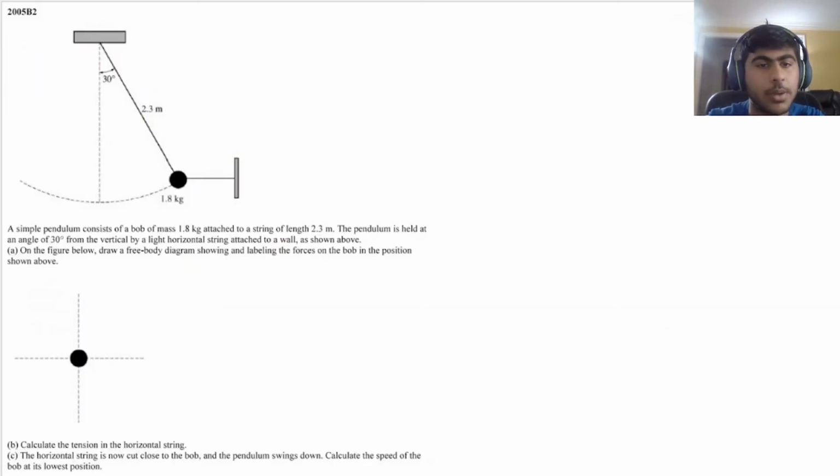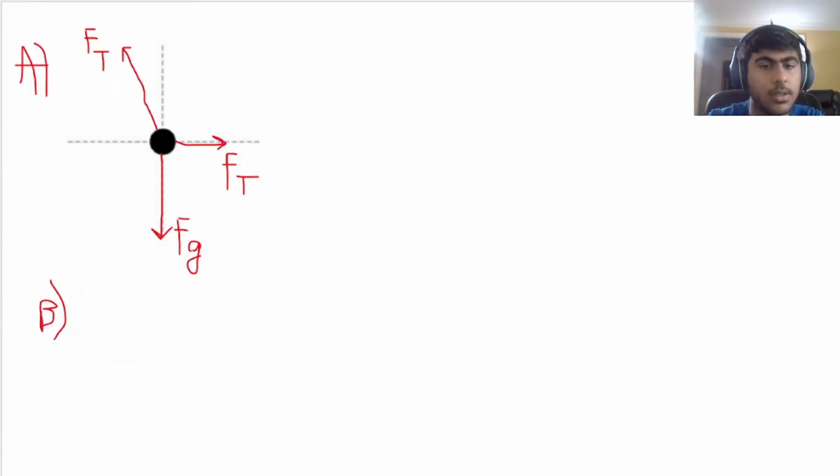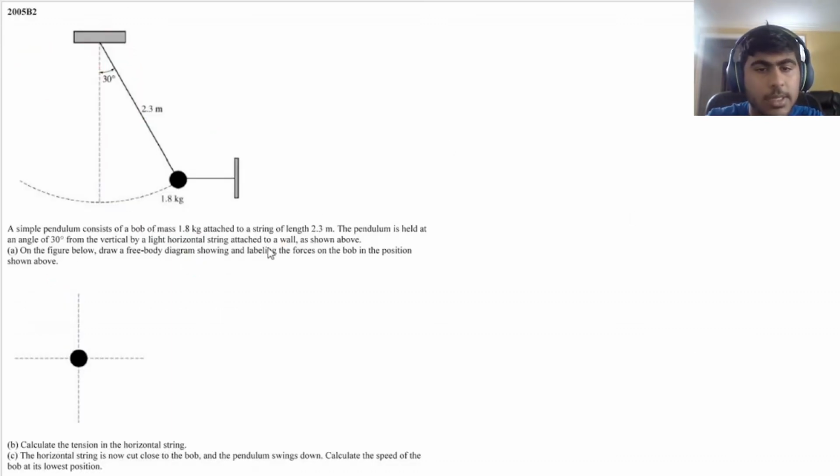We can find the tension of this other string and the gravity. But is there a better way to do it? Let's see. They've given us the angle, and it does not look like there's a better way. All right, so let's just plug and chug.